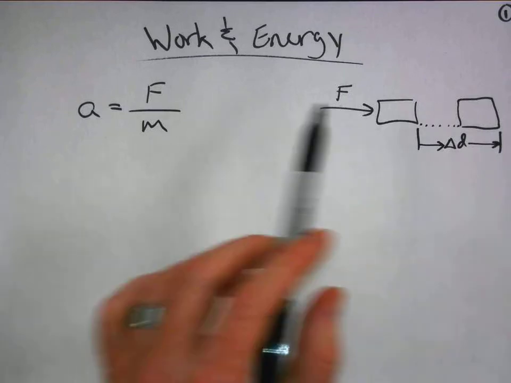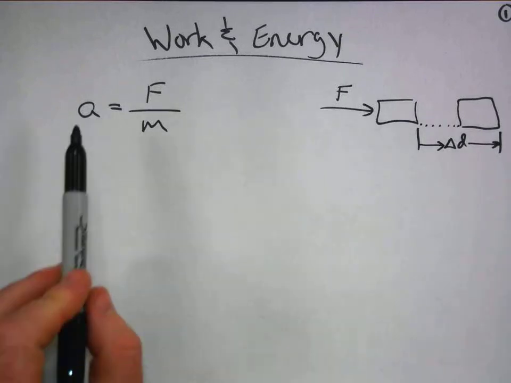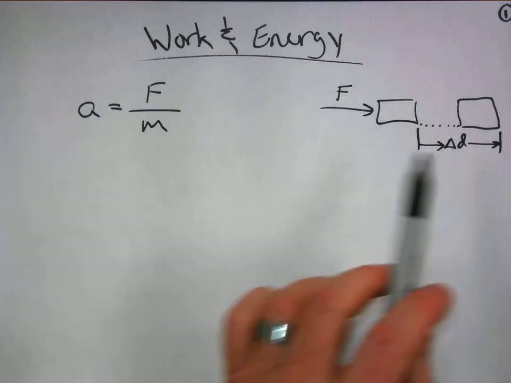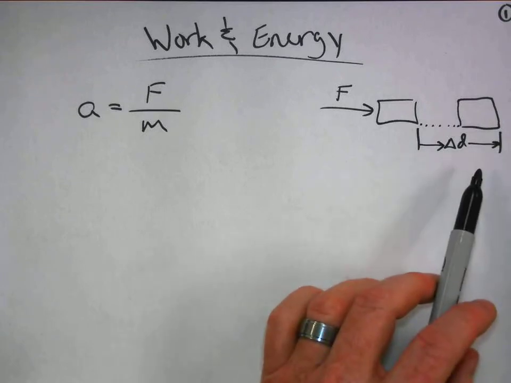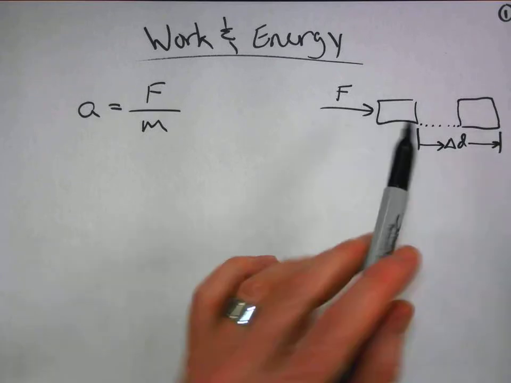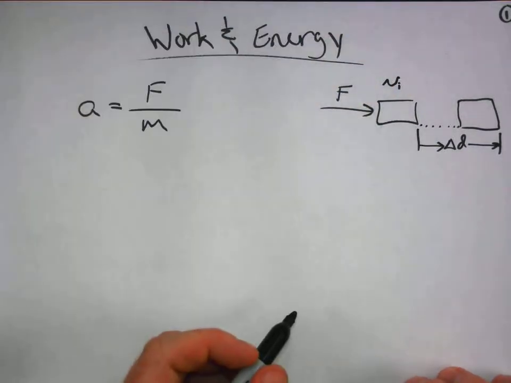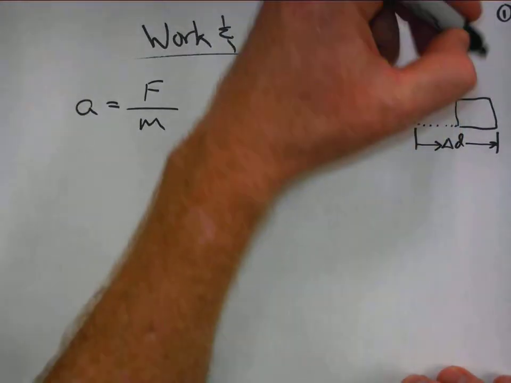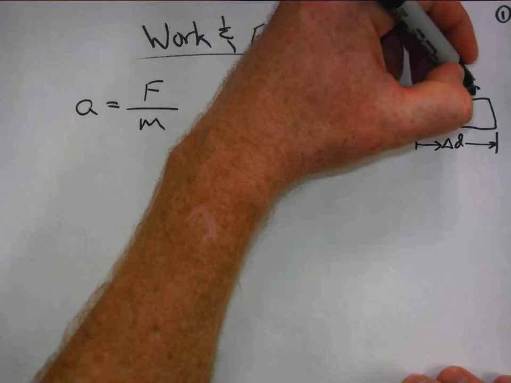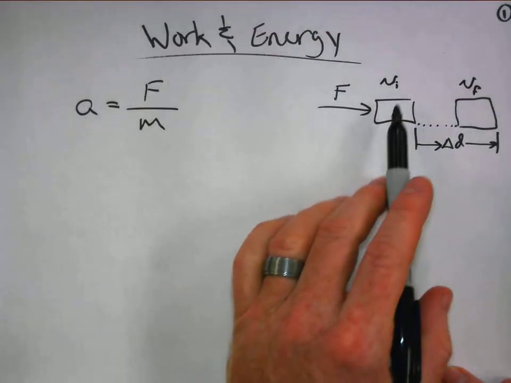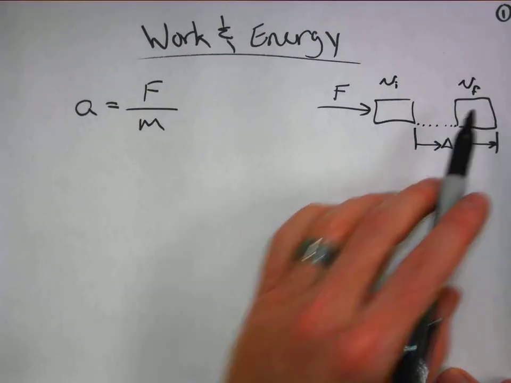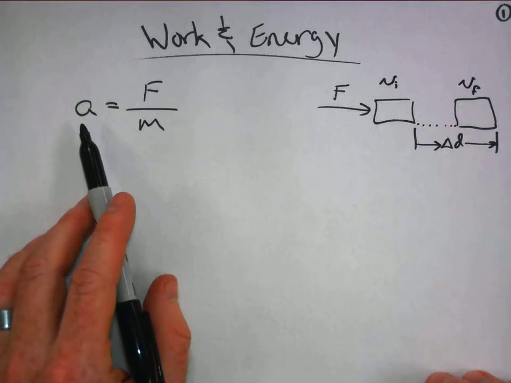We have this object, and the object is accelerating, and it's moving a distance, and it would have had some initial velocity here. We don't necessarily know what it is. It might have been 0, might have been something else, and it will have a new velocity here, a final velocity. So there's a change in velocity because there's an acceleration.